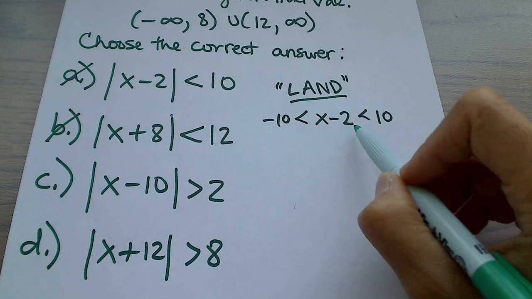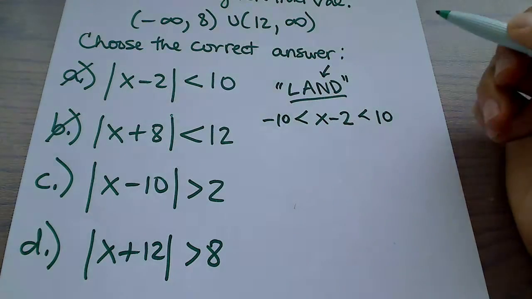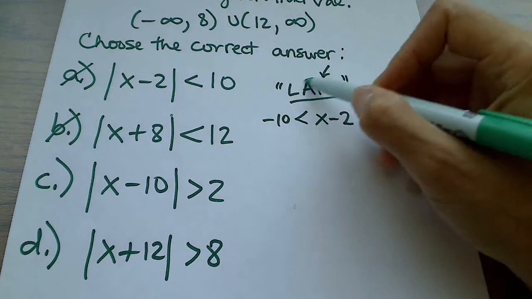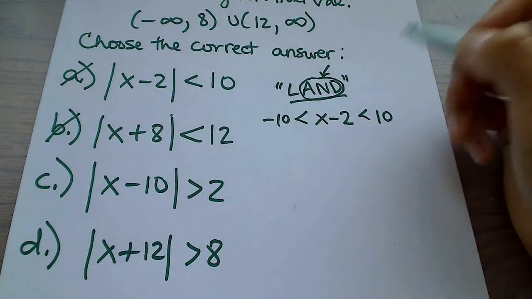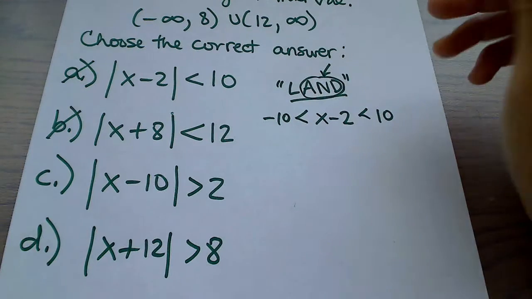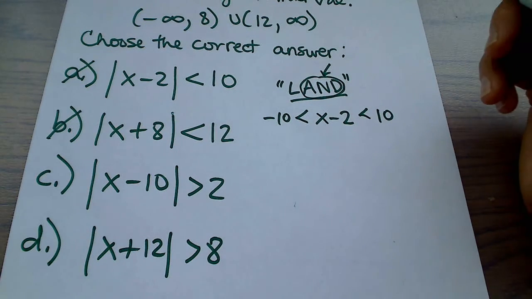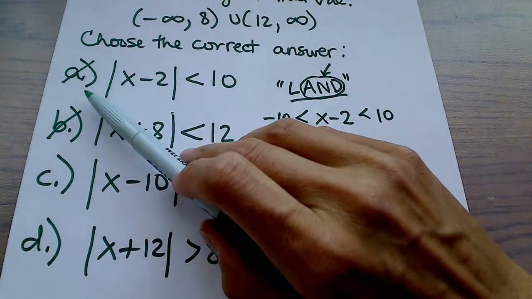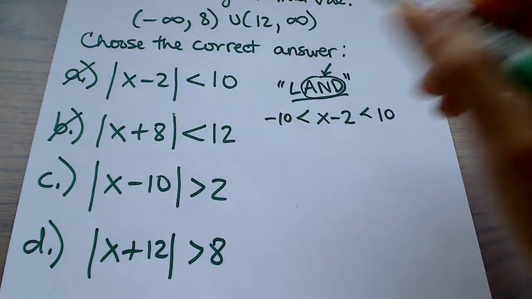Written as a string like that, it's assumed that it's an and statement, okay? And statements, the solutions do not end up being unions. The solution set is just one interval for the and statements. Okay, so that's how we know that it can't be either A or B.